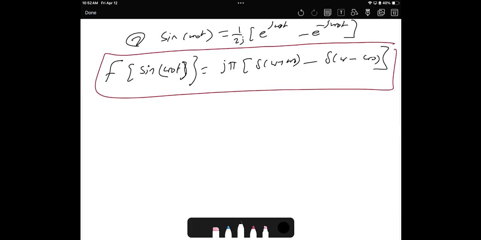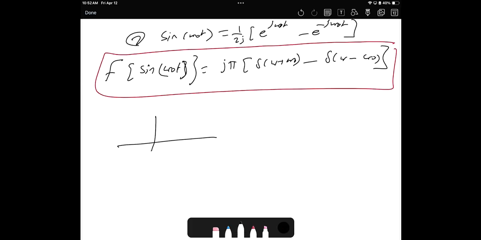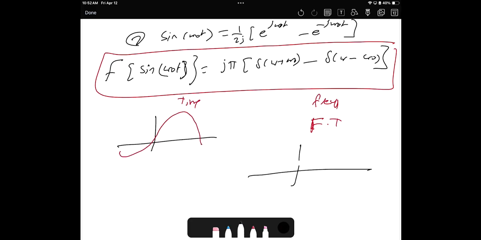So if we need to plot this, here is how the sine waveform looks in time domain, and in frequency domain, the Fourier transform, it will look like this: here is omega naught, here is negative omega naught. At negative omega naught it will be j pi.